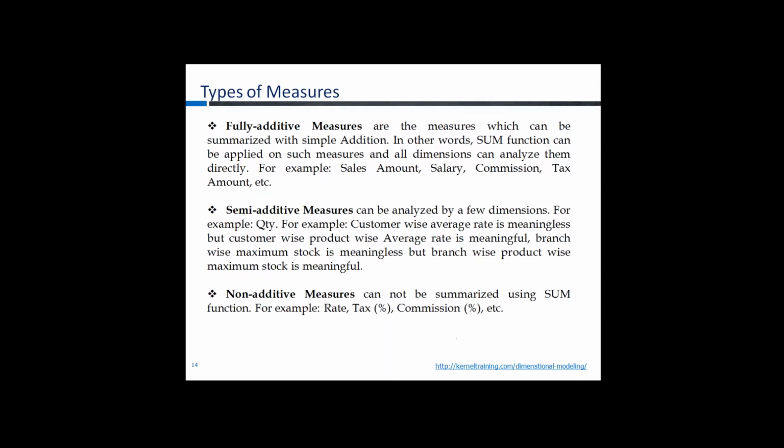Simply you can sum up all the amounts and say, till today branch A has generated $2 million. So whatever measures are not dependent upon any specific dimension, we refer to as fully additive, because you can do the addition without thinking of any base dimension.